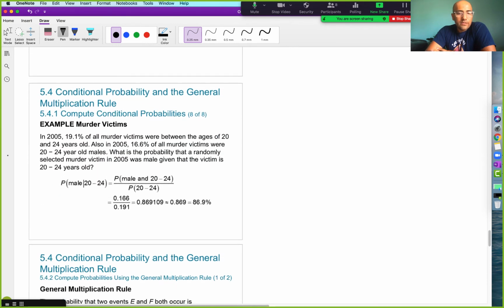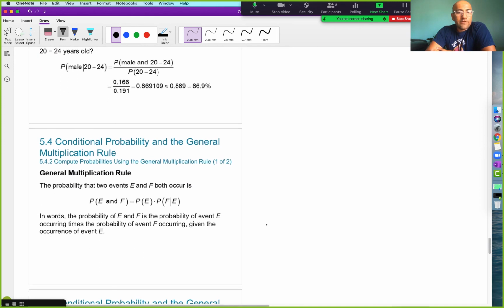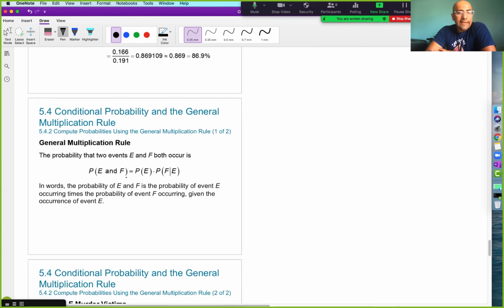Okay, so here's what the author did. Same thing. Probability that it's a male, given that they're between 20 and 24 years old, is equal to the probability that they're male and 20 and 24 years old, divided by the probability that they're between 20 and 24 years old. So we get the same answer. And then here comes this multiplication rule. Now, I kind of hinted at this already in that ping pong example. I don't like that they presented it to you like it's a brand new thing. All we're doing is that we're still playing with this exact same conditional probability, right?